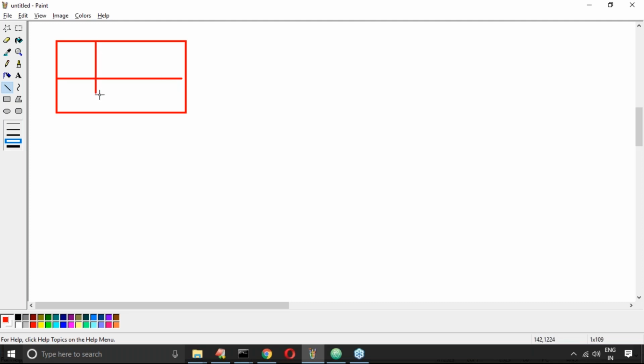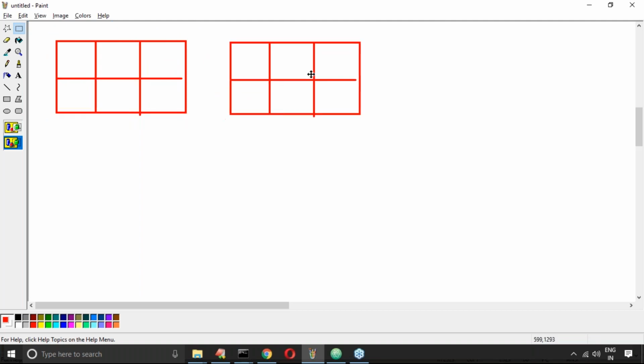Sir, now we should have some generalized conclusion by seeing the output. Can you please spell out the elements we have? 1, 2, 3, 4, 5, 6, 7, 8, 9, 10, 11, 12.